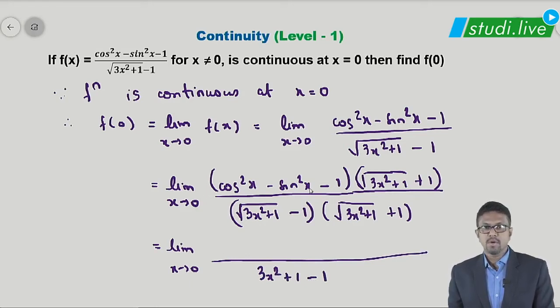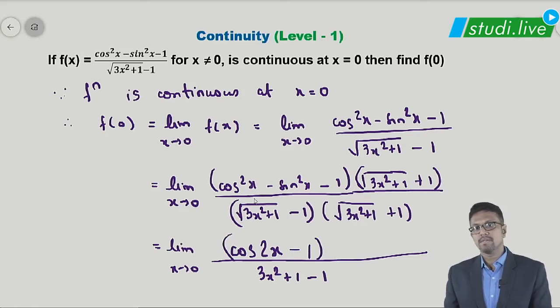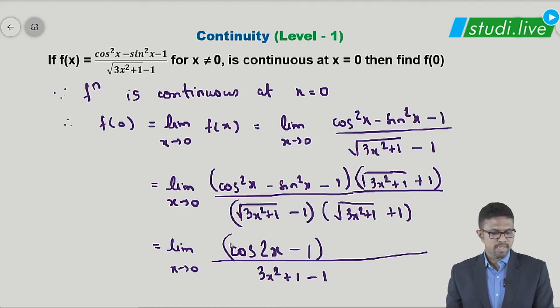Now instead of writing cos square x minus sin square x, I could write it as cos 2x minus 1. Or we can convert cos square x into 1 minus sin square x. Even that is a possibility.